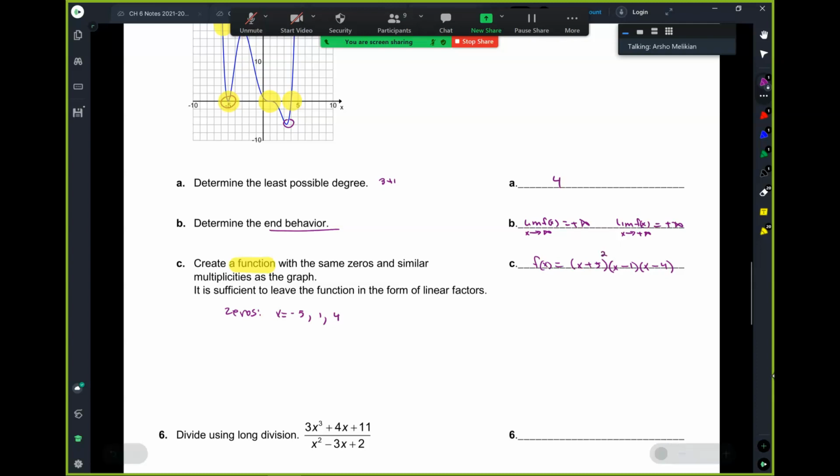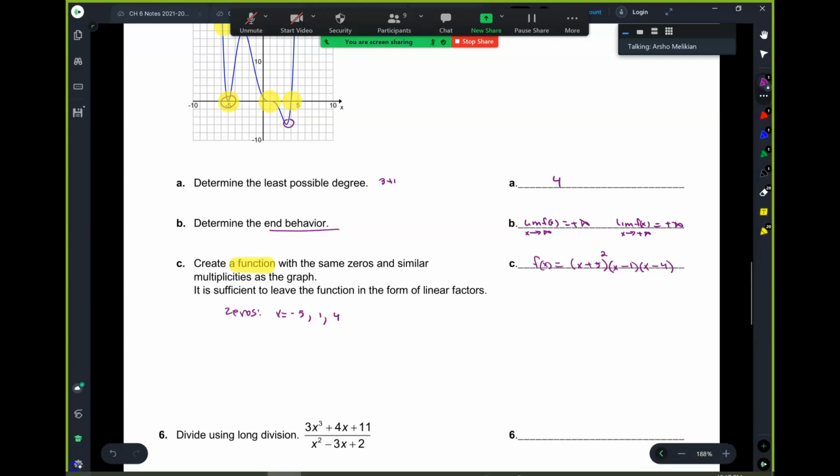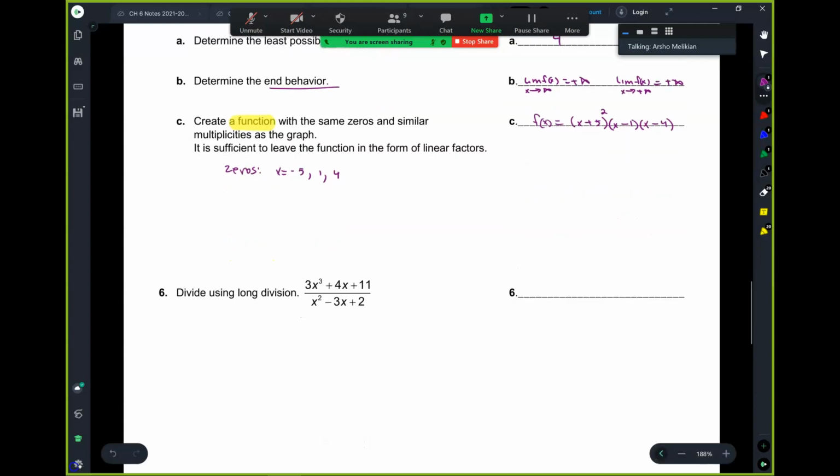The rest of them, because it crosses the axis, it has to be an odd multiplicity. So 2, 1, 1, that gives you the minimum of 4. Do you see another reason why it couldn't have been anything less than 4? That's the lowest possible one it could be. It could have been x plus 5 to the 4, and then x minus 1 cubed, and so on. So it could go up higher than that.